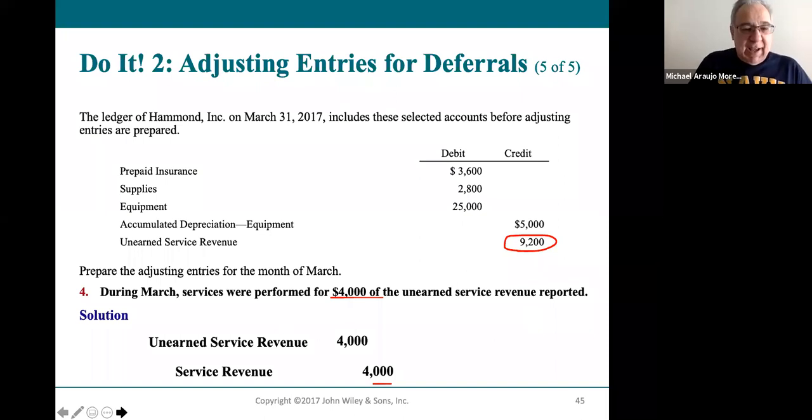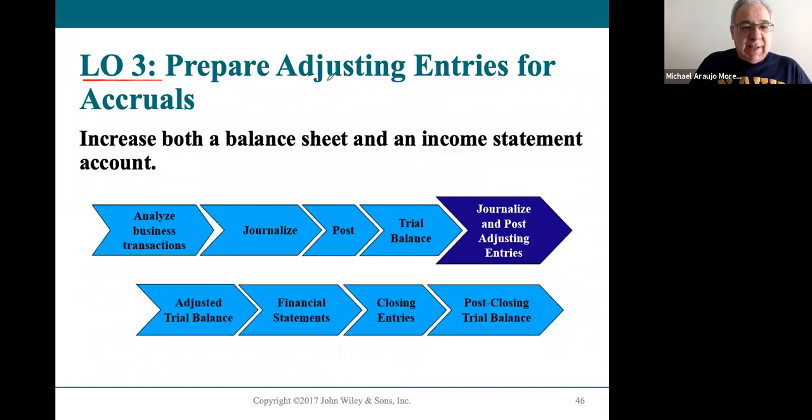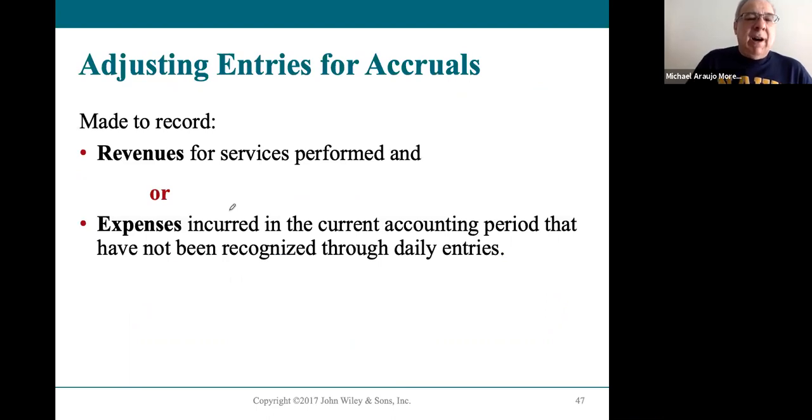Learning objective 3 is next, and that is doing these same adjusting entries, but for the categories that we call an accrual. And accruals basically are revenues that you've already earned, but you haven't billed the customer for, so you've got to put them in the books.